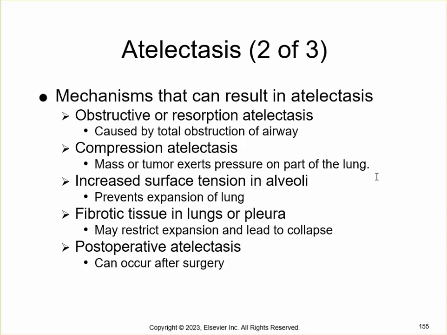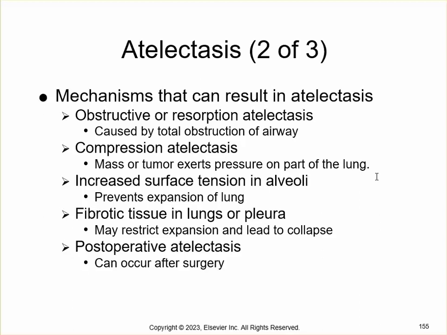Normally, the pressure in the pleura is about 4 millimeters of mercury less than the pressure in the alveoli, and therefore the alveoli stay inflated. Increase the pressure on the outside, and that difference doesn't exist, and the elasticity takes over, and the lung collapses.